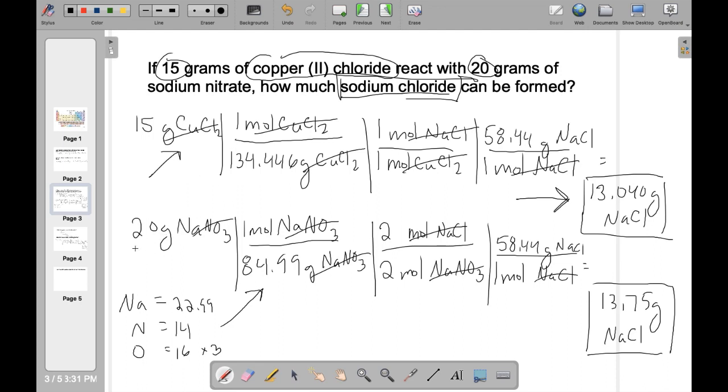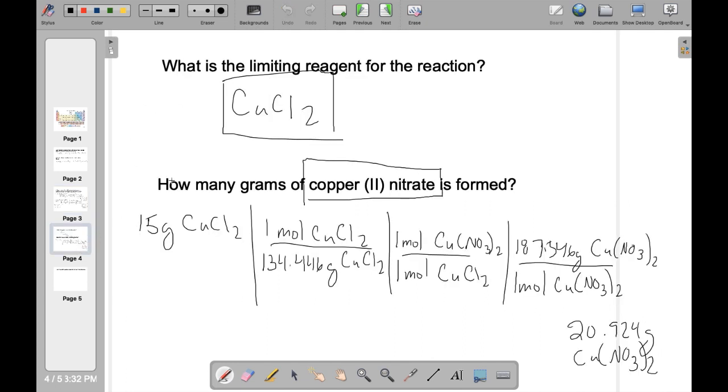So then we just forgot about this for now. We then took the grams of the limiting reagent and plugged it into this second part of this question to find out how many grams of copper nitrate we would get. Okay.